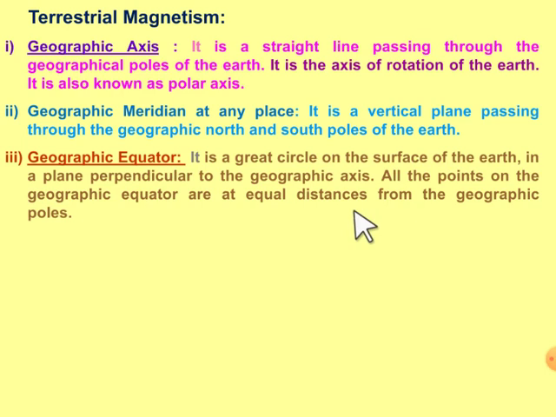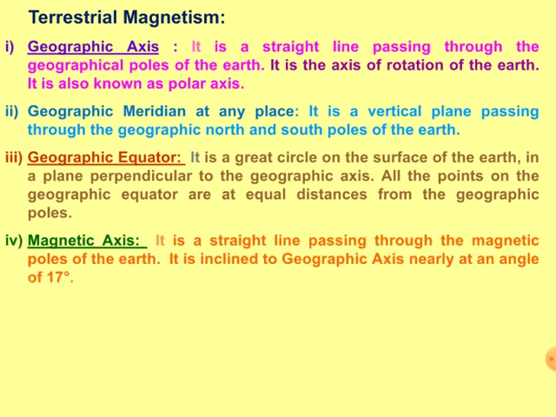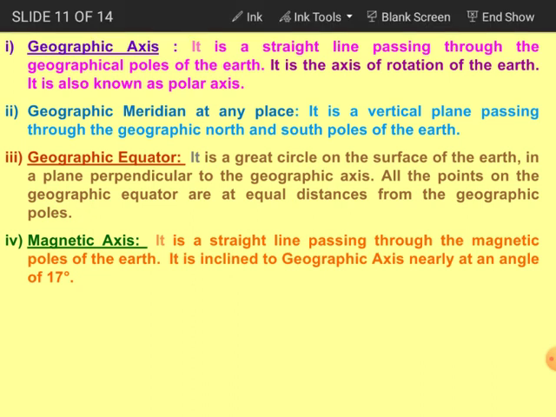Now next, let's try to understand the magnetic axis. As I told you, the geographic axis and the magnetic axis are different. Suppose this is your earth, for example. Let me draw that diagram, a small one. Your geographic north pole is somewhere here and the geographic south pole is somewhere here.